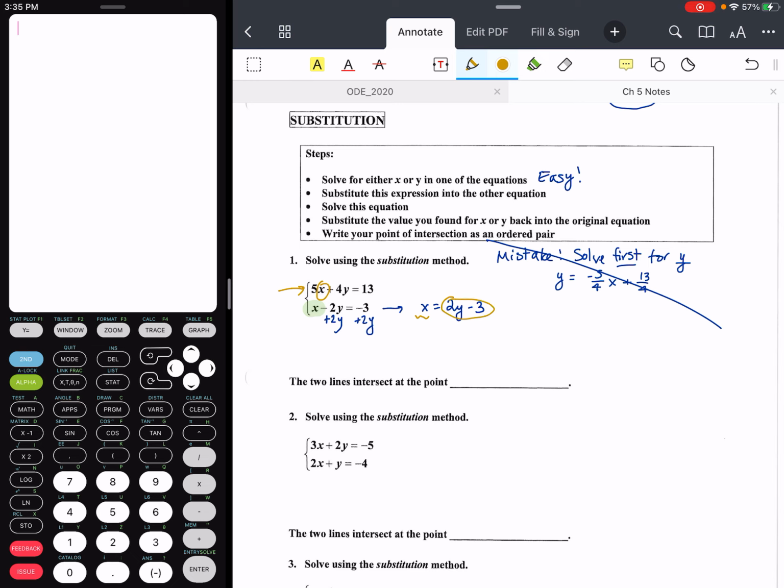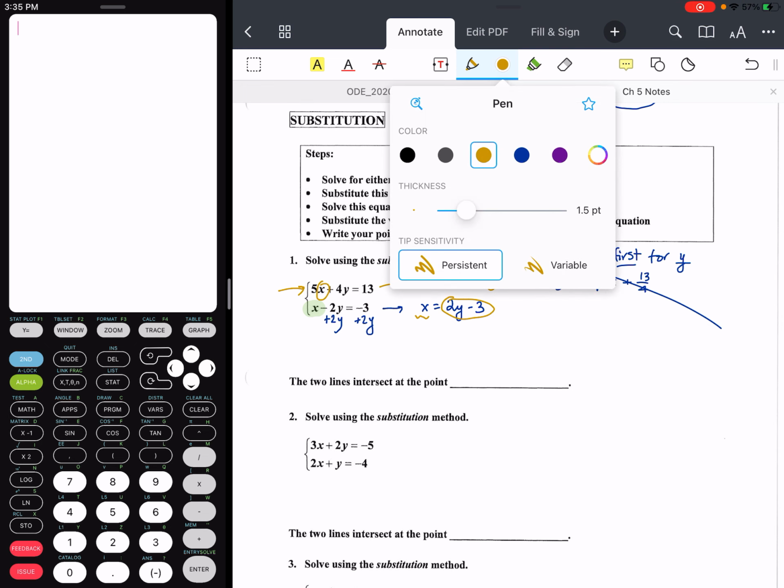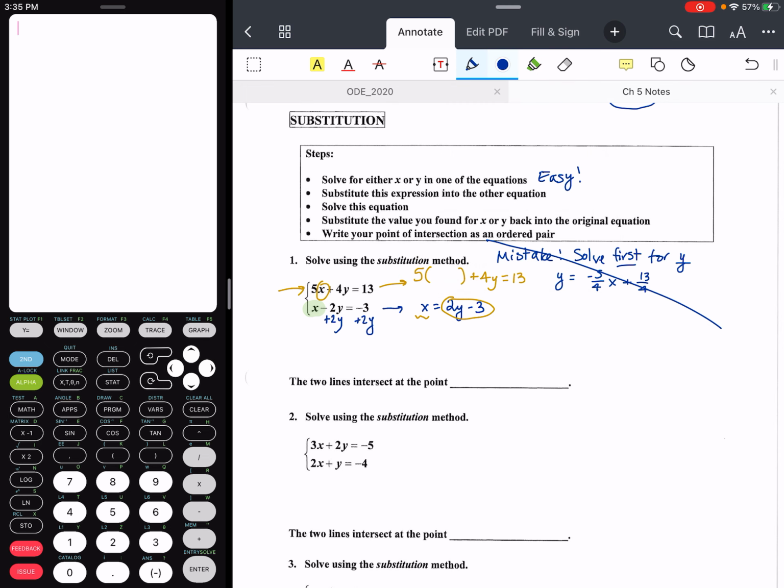So I'm going to rewrite that top equation as 5, and then I'm going to replace x in just a moment, so 5 times x, but I'm going to substitute that, and then plus 4y equals 13. Now I'm going to replace x with the equivalent 2y minus 3 from that first equation, right? All right, and now, I'm not going to make that mistake, so I'm just erasing that.